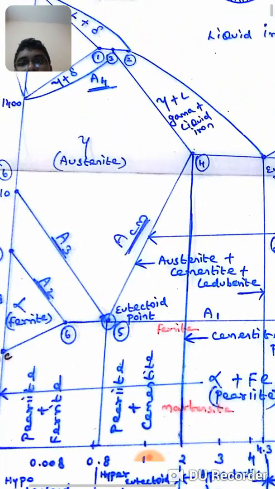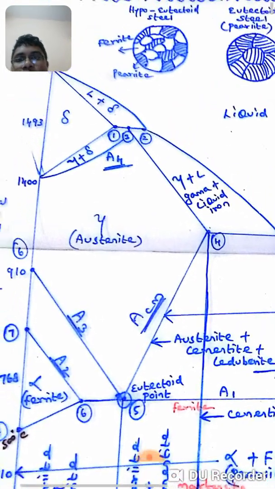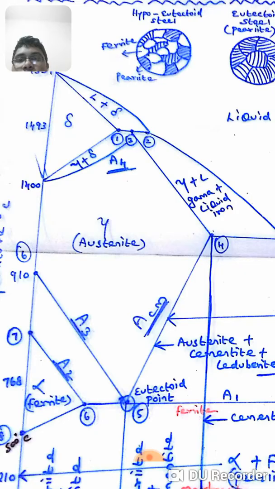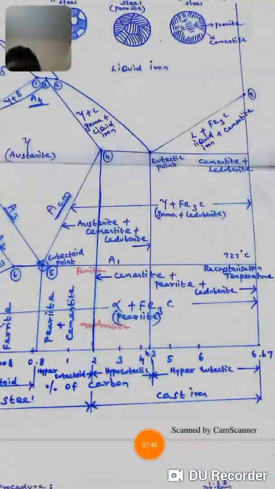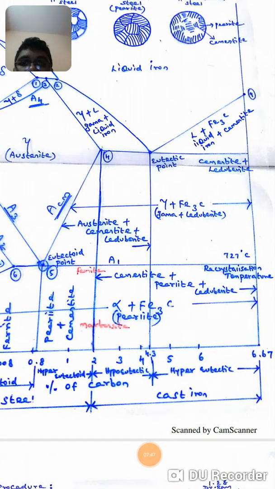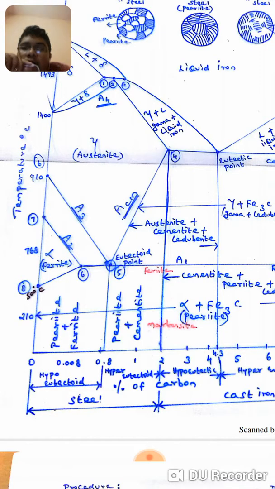Here gamma plus delta phases appear, and liquid plus delta phases appear at the eutectic point. Gamma plus liquid comes under the eutectic, and liquid plus Fe3C, which is cementite, also comes under the hypereutectic, which exists at room temperature. This all comes under the cast iron category, and this all comes under the steels category.